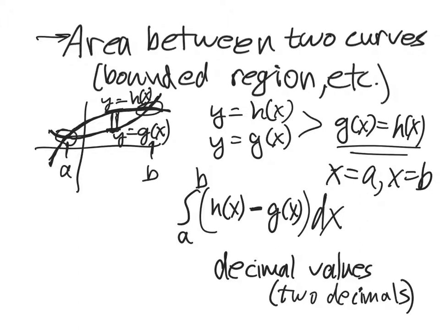Now this is definitely the most basic of these problems, where y equals some function for the top, y equals some other function for the bottom. Some of these we were bounding either by, again, usually a parabola with the y-axis.